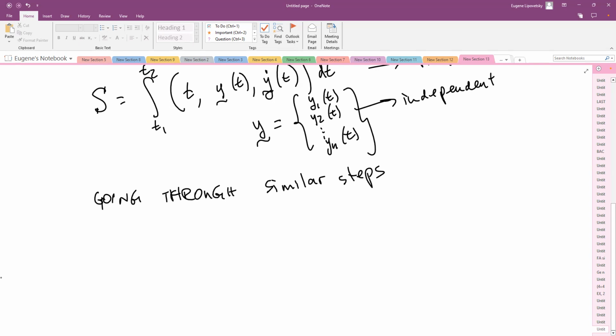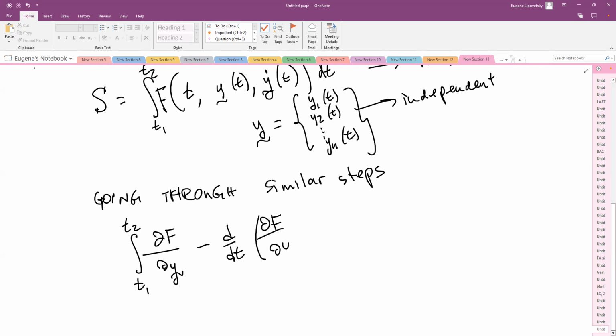We'll have that the integral from t1 to t2 of, sorry, there is an F right there, of df over dy tilde minus d over dt of df over dy prime tilde times delta y, right there, times dt equals 0.